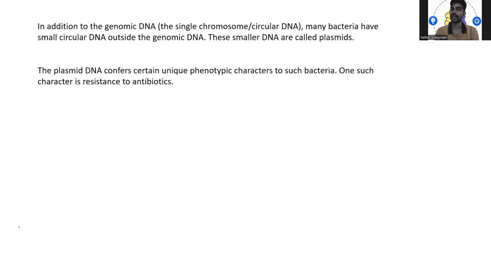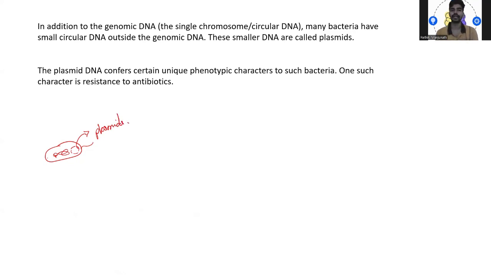In addition to the genomic DNA, if this is a bacterium, there is another thing: circular DNA. Many bacteria have small circular DNA outside the genomic DNA. These small circular DNA are called plasmids.